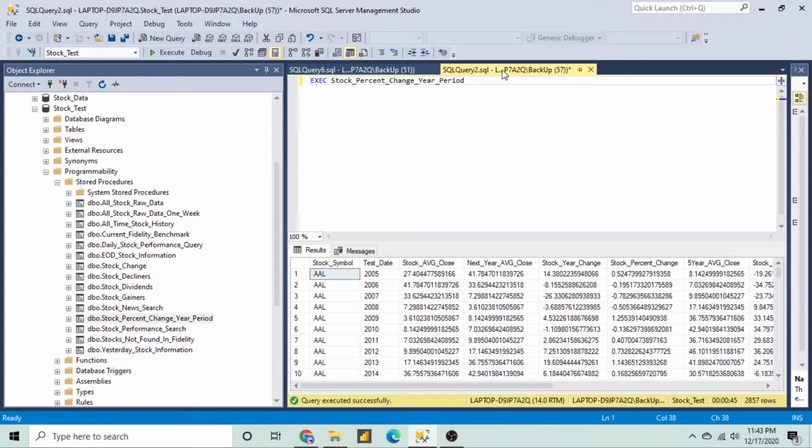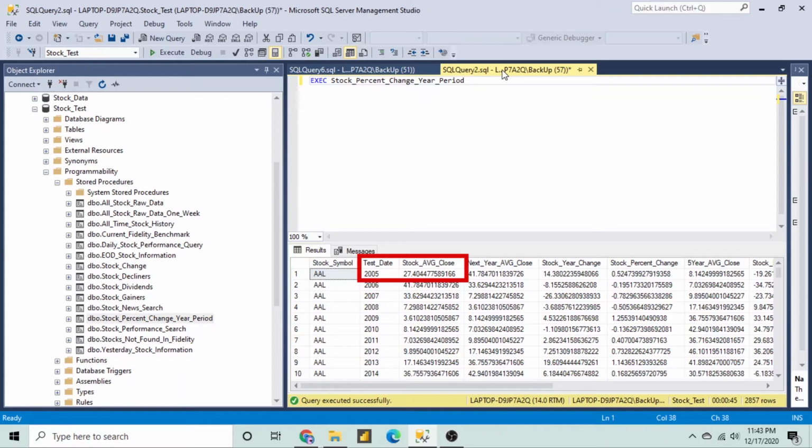So let's start with the first row. We have American Airlines, which is AAL, and you can see that their average closing price in the stock market for 2005 was $27.40. And in 2006, it was $41.78.